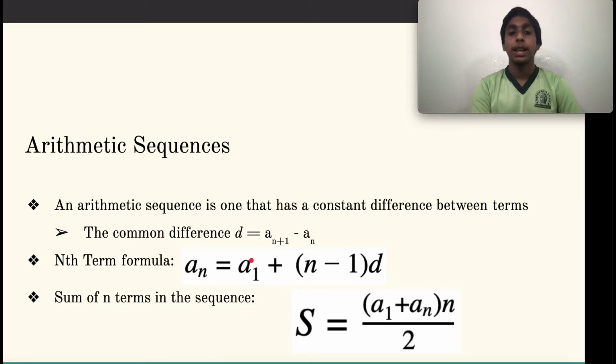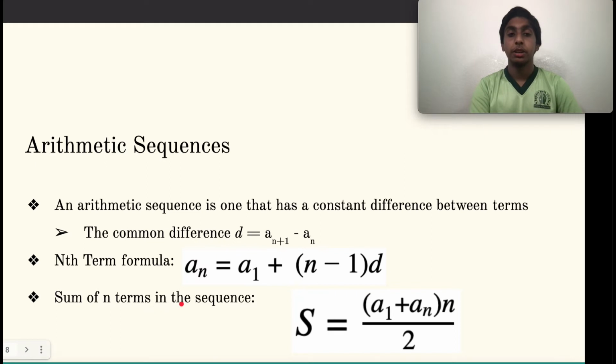I know some people would write it as a subscript 0. Here, I've written the first term as a subscript 1, so just be aware of that. So here, what I'm doing is the first term plus n minus 1. So if this is the 11th term I want to find, 11 minus 1 times d, the common difference. And based on this, you can find your nth term, my 11th term.